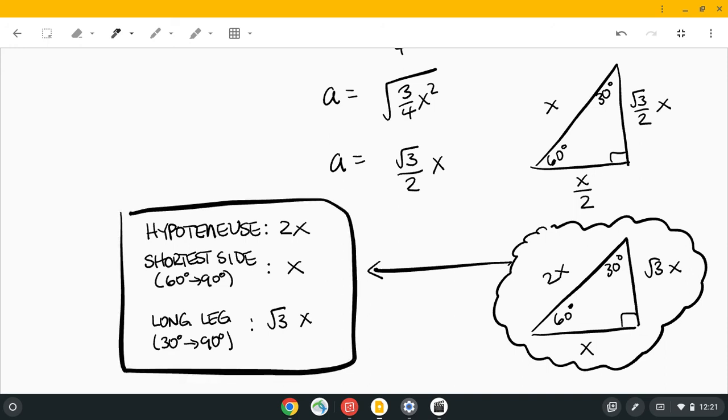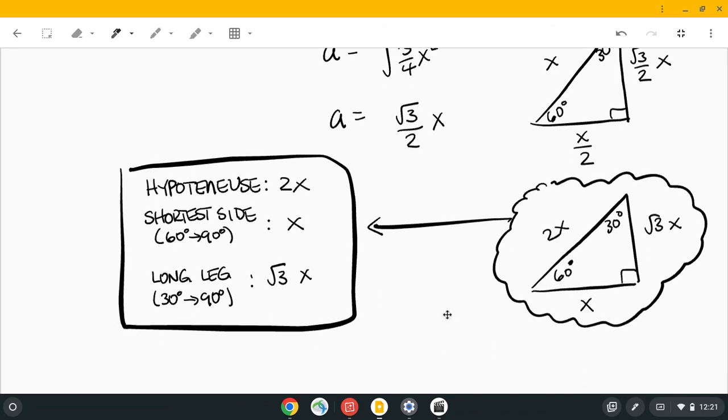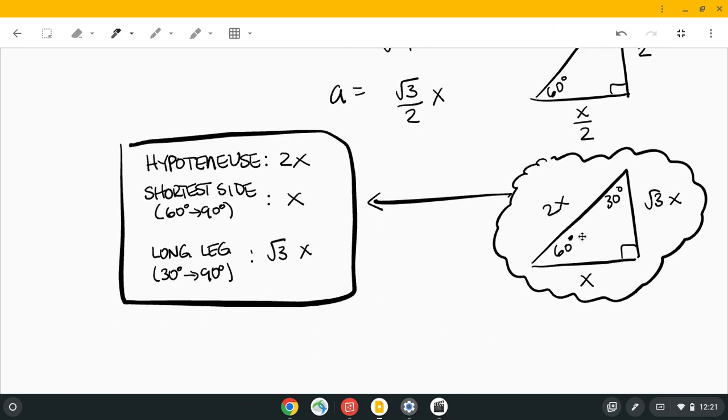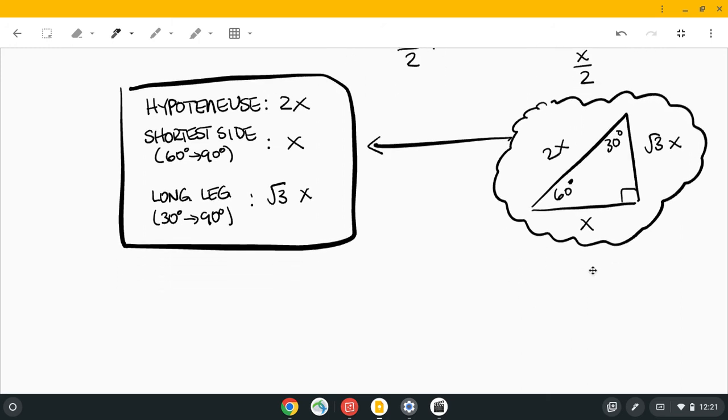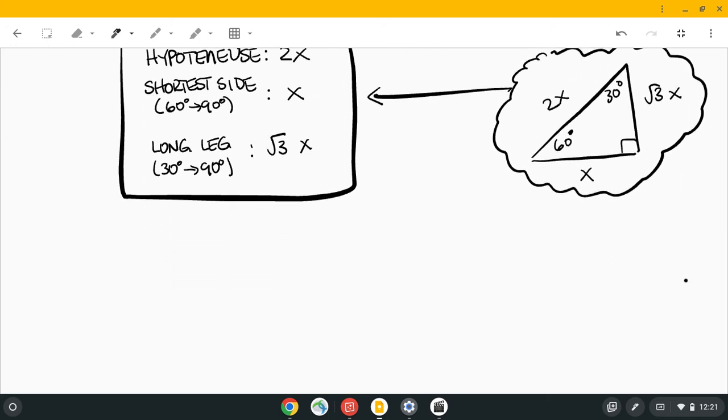So if you just have these two pieces of information together on an index card as you do the homework, you should be fine with finding the missing sides. Okay? So for example, you might have something like this.